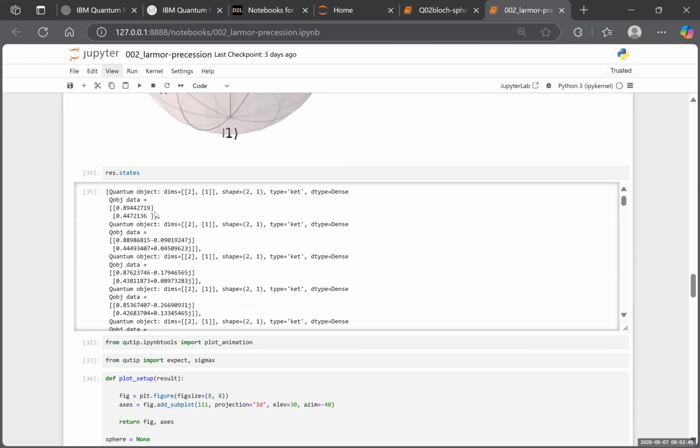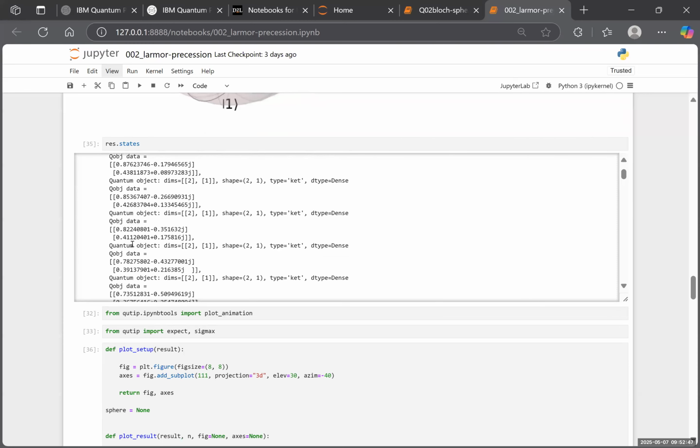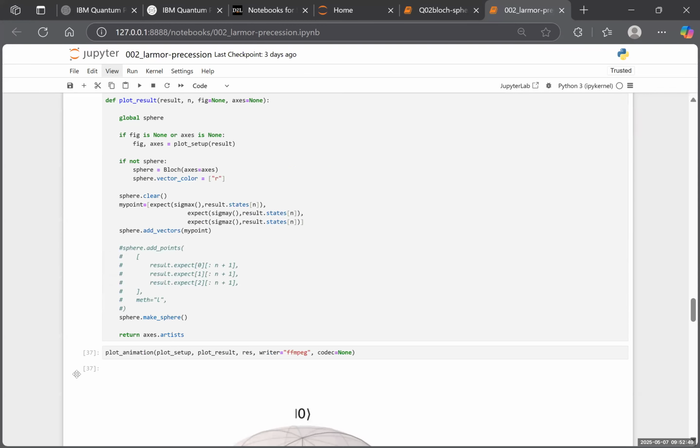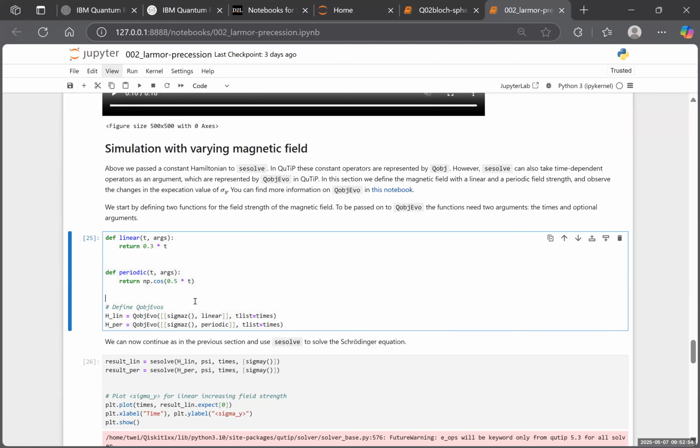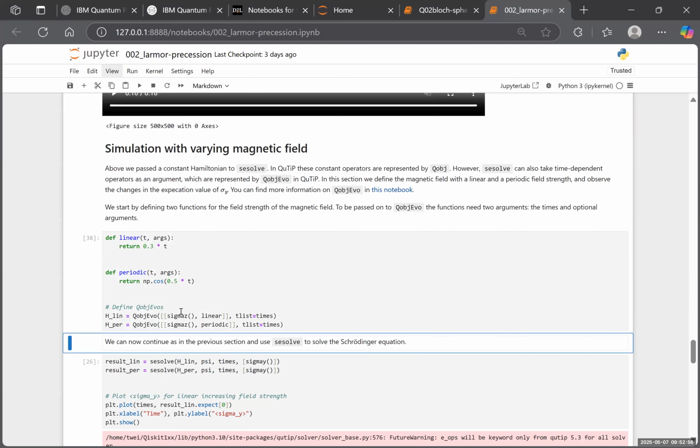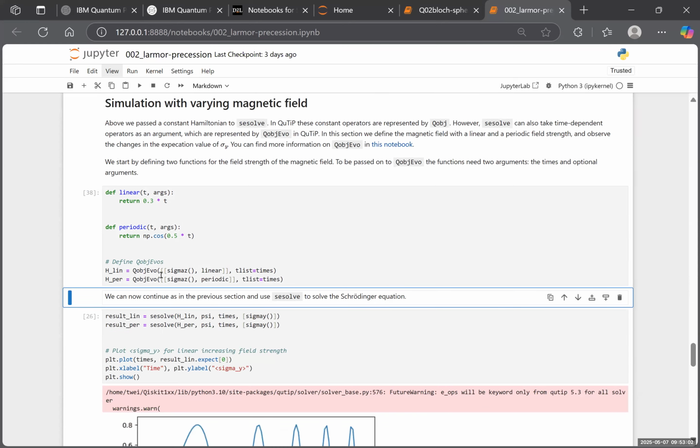In order to pass the time dependence, you will create these two functions, linear and periodic. And then pass that as part of the parameter to this QobjEvo, okay?